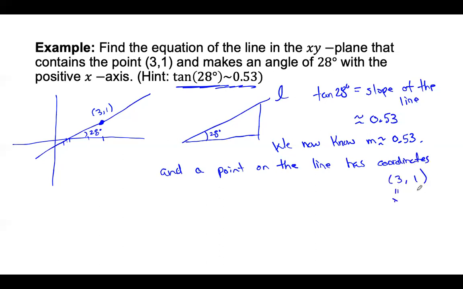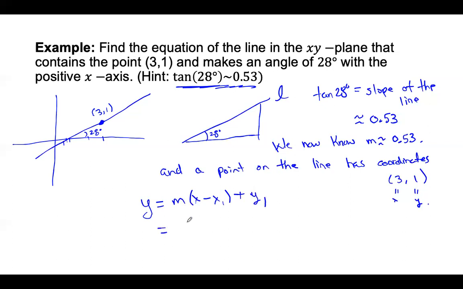So the 3 is our x and our y is our 1. So we can just use the equation of the line, y equals m times x minus x1, plus y1.